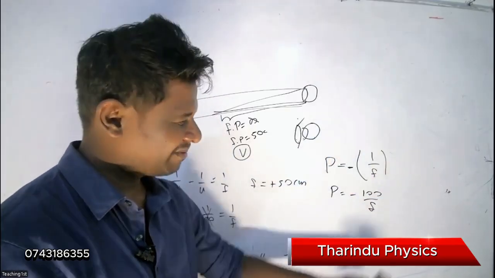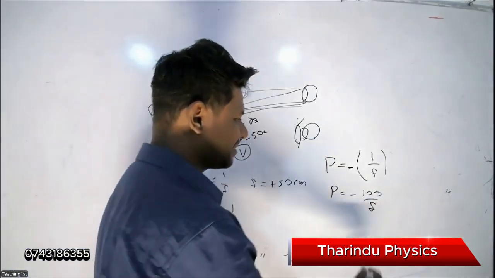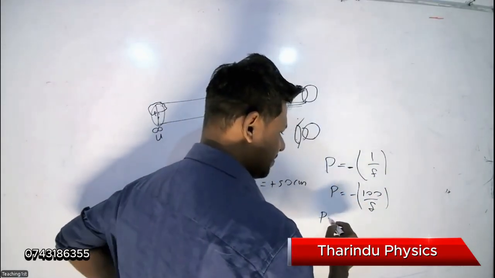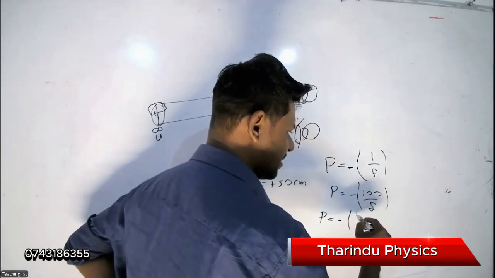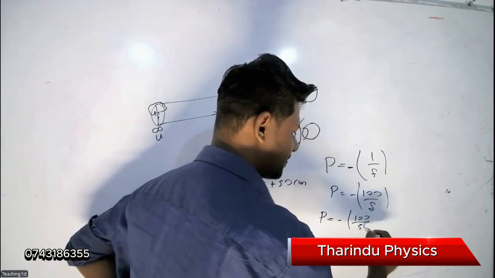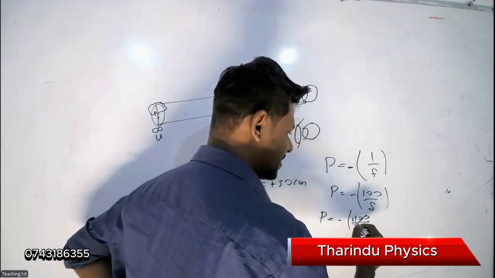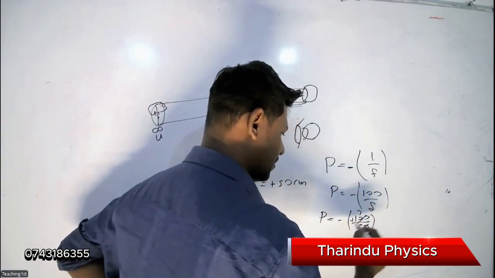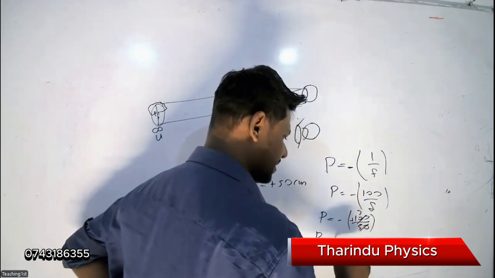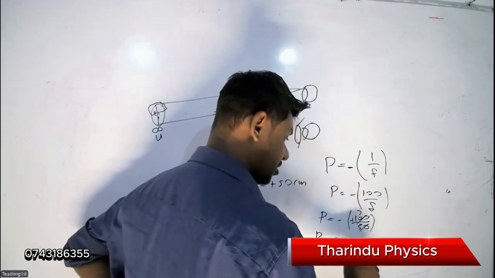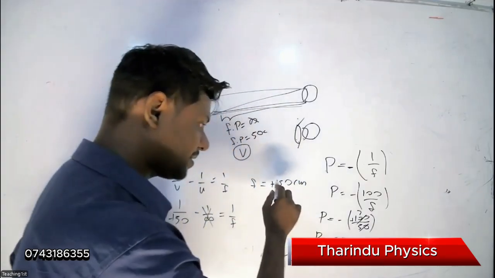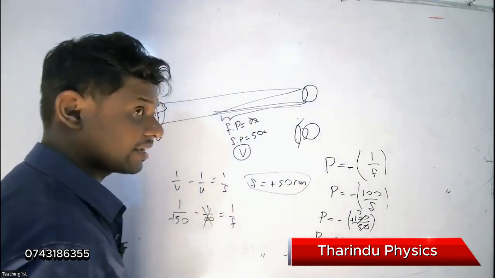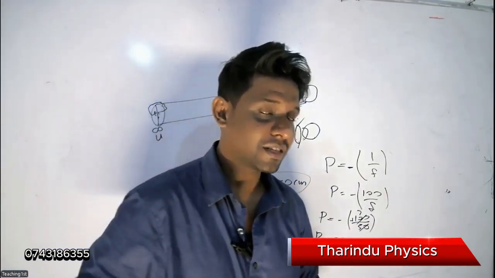Power is equal to minus 100 over 50. Cancel off, it is a positive value, so it is 2. So the power is minus 2 diopter. We just found a negative power for the lens, that means it is a concave lens. The answer is the first one.